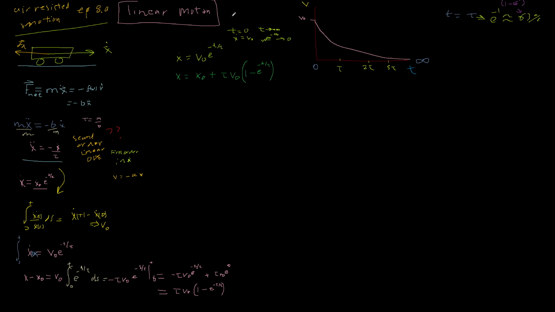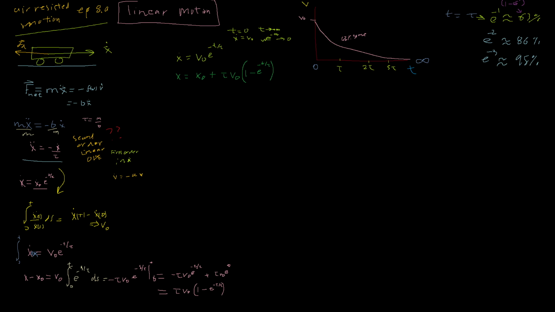So e to the negative 1 means that we've decayed by 63%. That's what that means. So 63% of the velocity is gone. And likewise, e to the negative 2 is about 86%, and e to the negative 3 is about 95%.